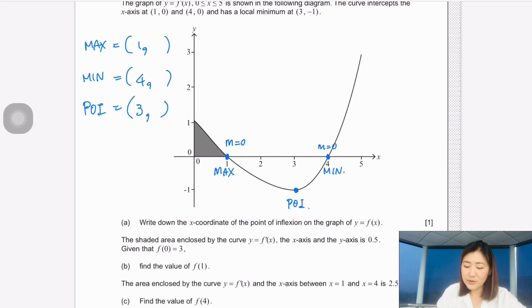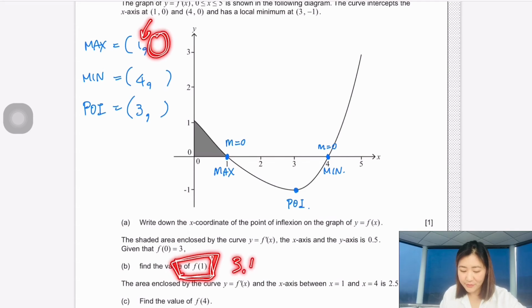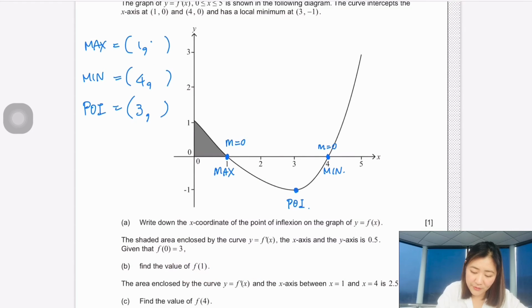So you need to find the value of y when x equals 1. You found it here. Still remember? 3.5, right? So this is 3.5. And then the value of y when x is 4. We found it here. What is it? 1, right?